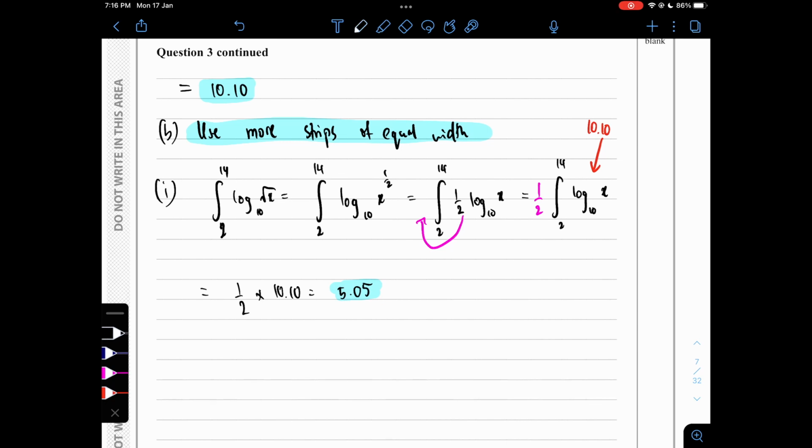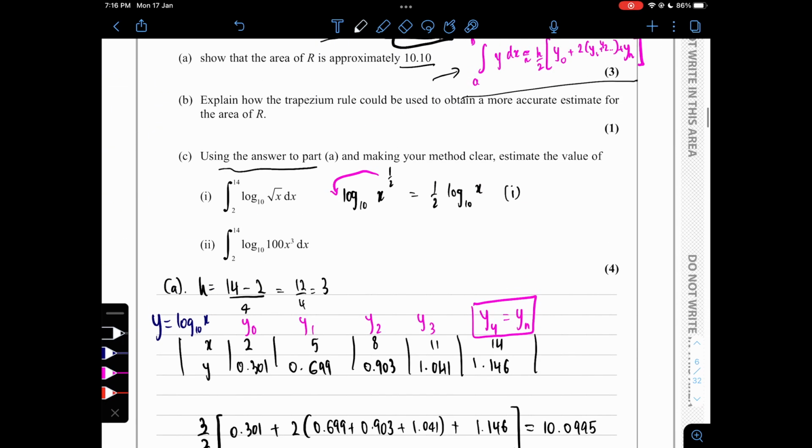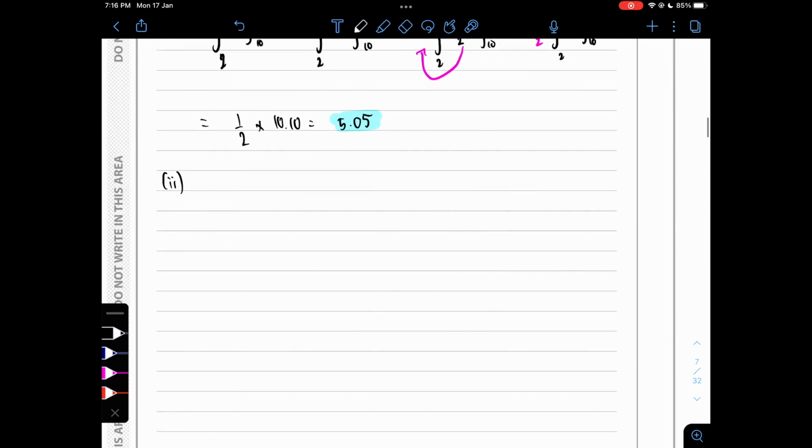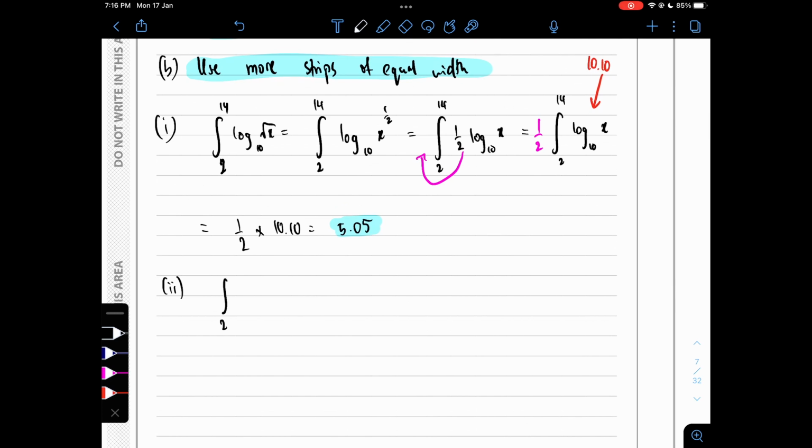Let's go to part II. So we have log base 10 of 100x cubed. Let's just make everything simple, so we'll do it here this time. Same thing, same limits: log base 10 of 100x cubed.